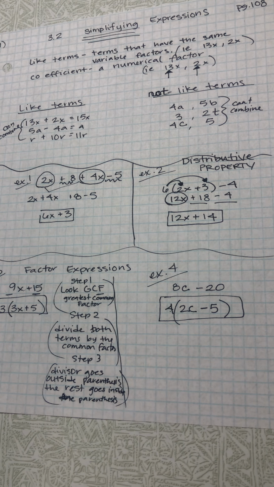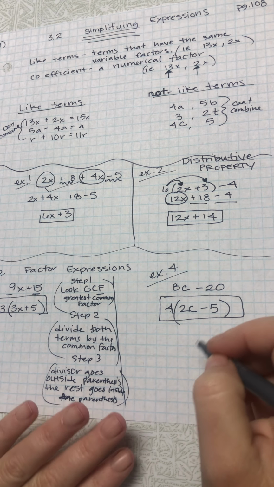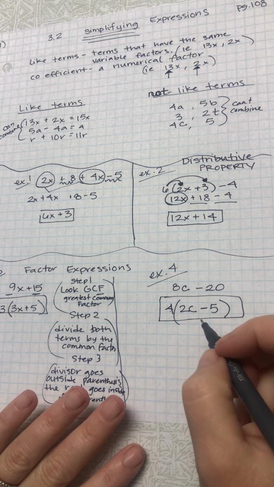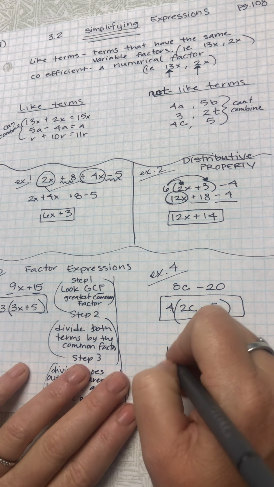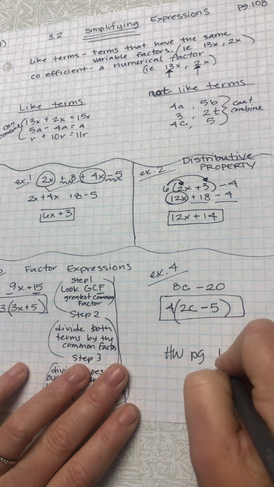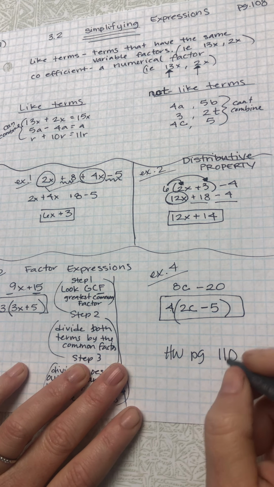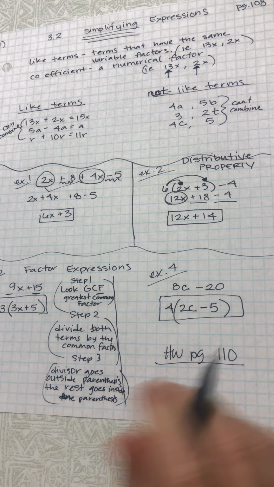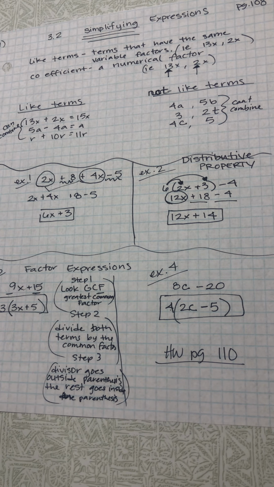Okay, so if you have any questions, go back over these. Maybe look in your book. All of these examples came from page 108 and 109. For homework tonight, you're going to be on page 110. I do have office hours today, so if you want to jump on at 2:15, I can answer any questions that you have.